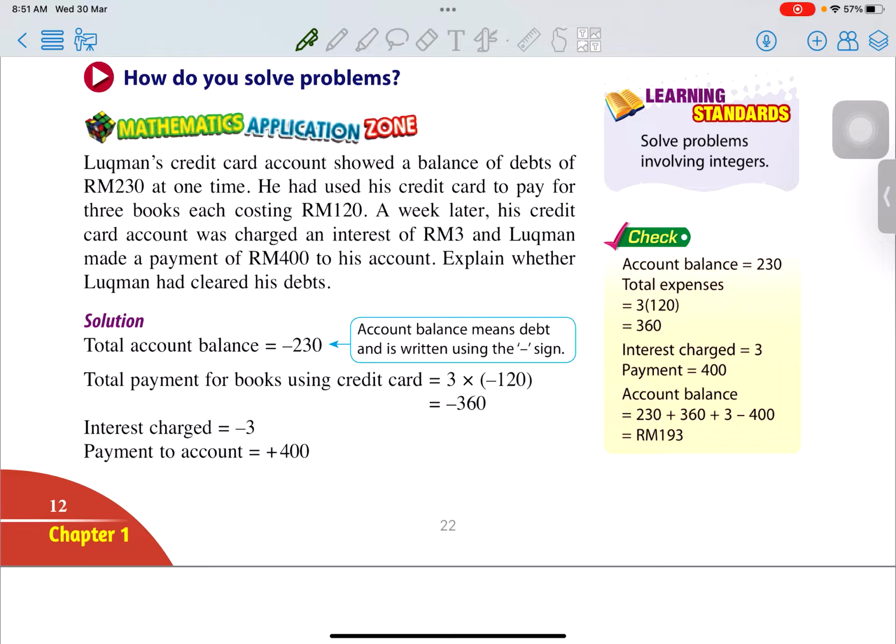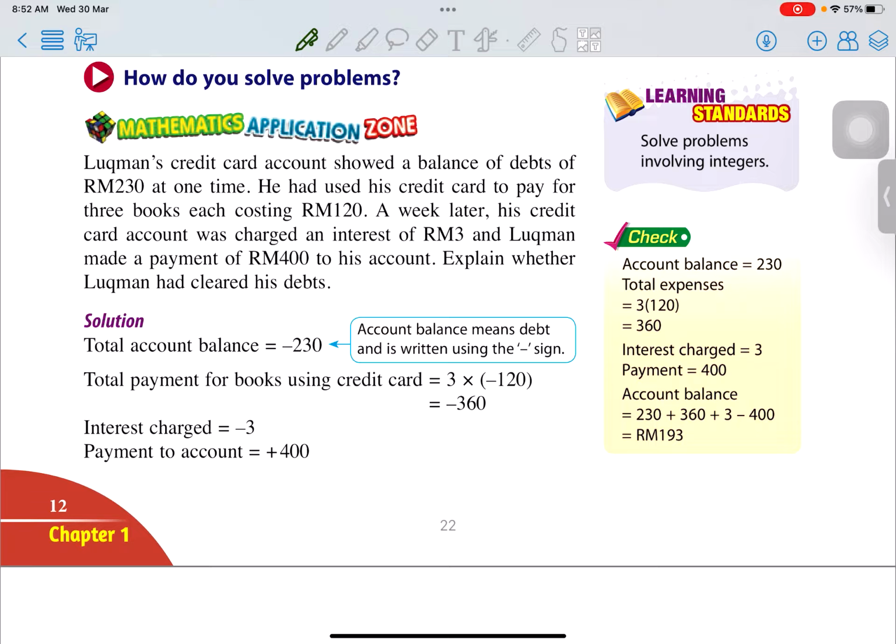Okay class, today we continue our lesson about problem solving with integers. Let's say for this question, Luqman's credit card account shows a balance of debt of 230 ringgit at one time. Then he used his credit card to pay for 3 books, each costing 120 ringgit.